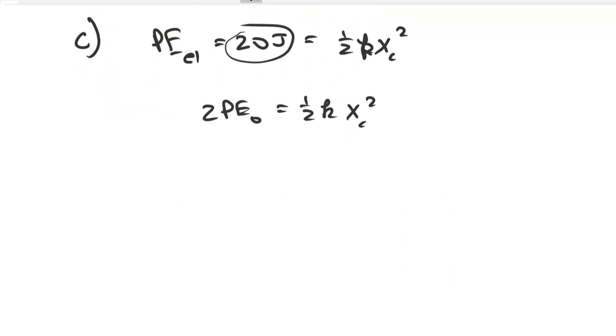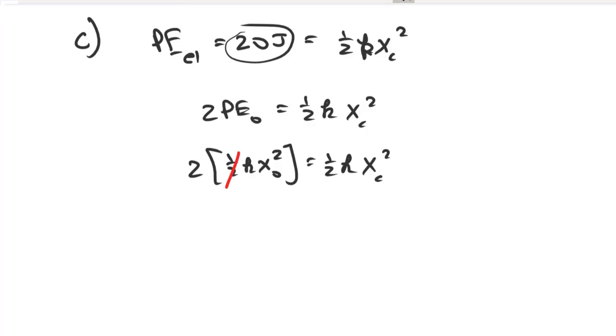But I can write out the starting potential energy in terms of k and x squared. So this is 2 times 1/2 k x naught squared is equal to 1/2 k times xc squared, right? Now a bunch of things will cancel out over here.